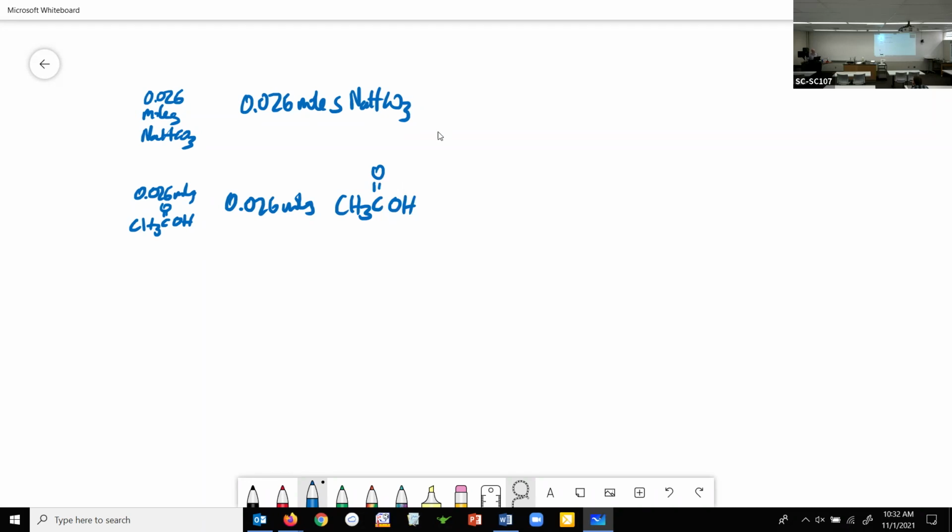So the baking soda is the easy one. It's a pure solid. I go to the periodic table: 84 grams of baking soda for every 1 mole of baking soda.